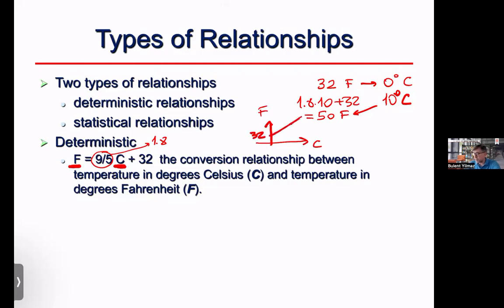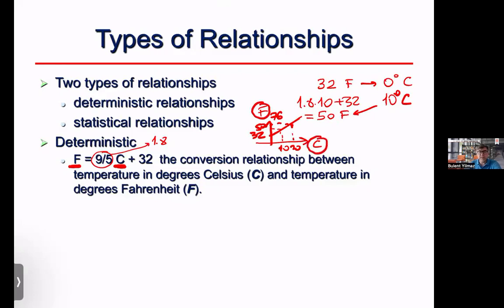There is this relationship between Celsius and Fahrenheit. If Celsius is 10, this is going to be 50. If it is 20, this is going to be 68, I guess, right? So I can find the Fahrenheit temperature using the Celsius temperature.